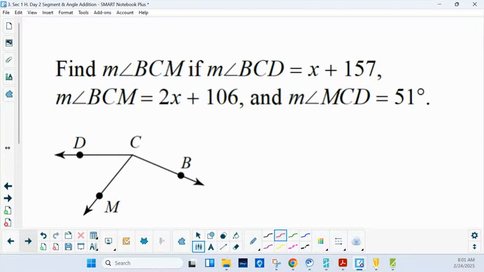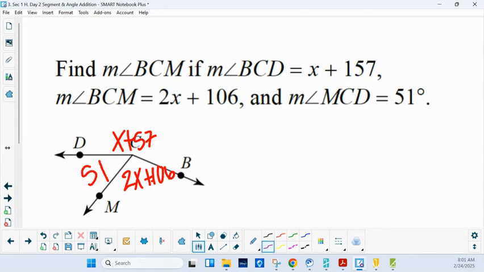Okay, find the measure of angle BCM, if angle BCD is x plus 157. So the full angle, you can put it wherever you want it. I always just put it on the outside to leave room on the inside for the other ones, but you get to choose. Angle BCM is 2x plus 106, and angle MCD is 51.